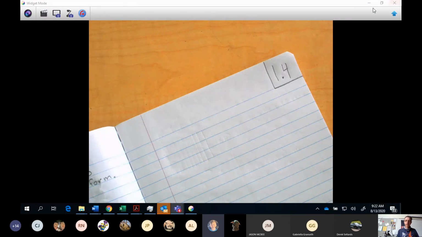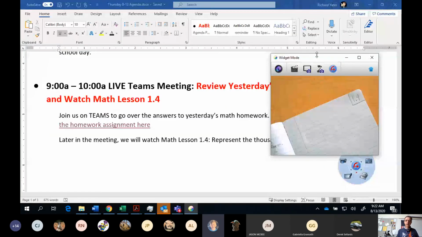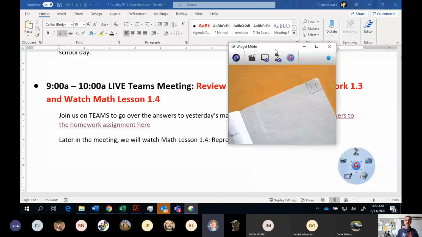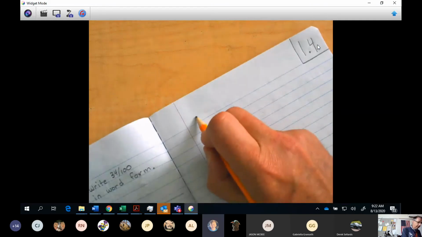All right, we're going to go ahead and start now with today's lesson. What I'd like you to do is take a look at your paper. I just want to remind you that today what we're going to be doing is we're going to represent the thousandths place. So we're going to write these words on the top as my title.